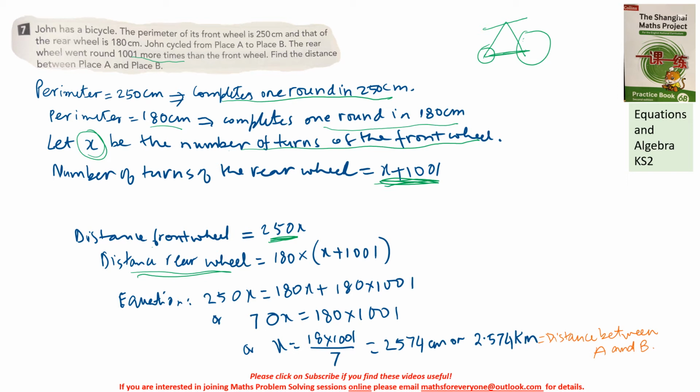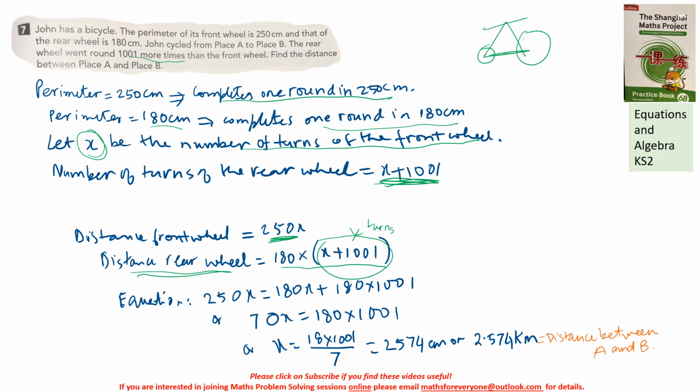The word times there made me wonder if I should use a multiplication, but no, it doesn't work with that. So this is what I've used. If this is how many times it turns, x plus 1001, this is how many more times it will turn, and the 180 is the wheel perimeter, and we are multiplying it with that to get the distance.